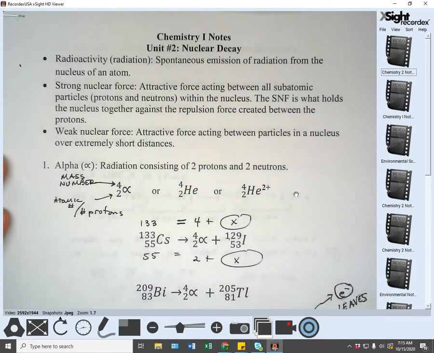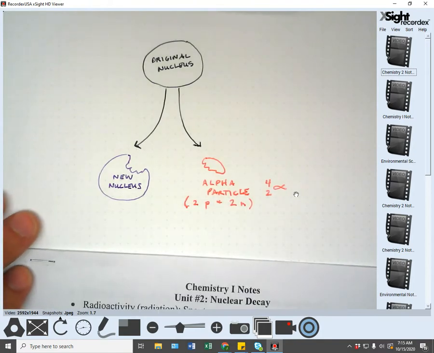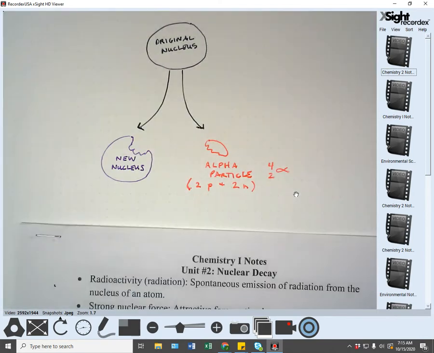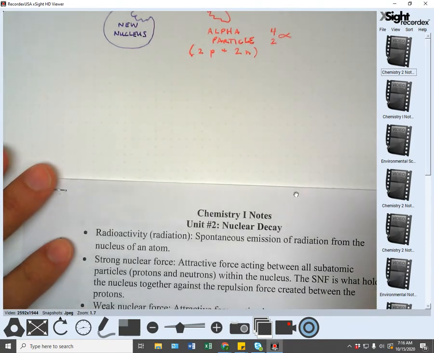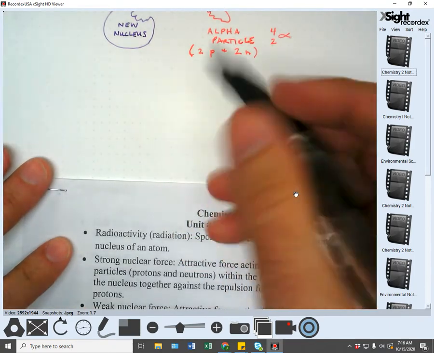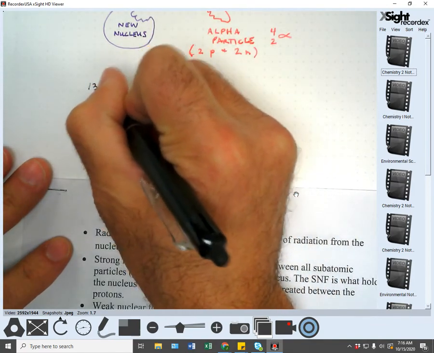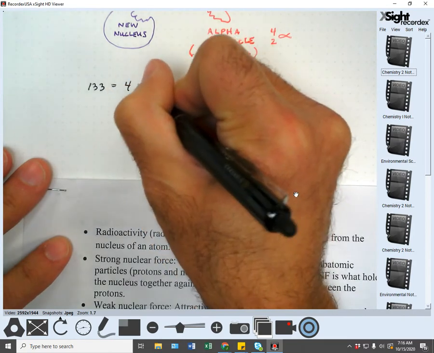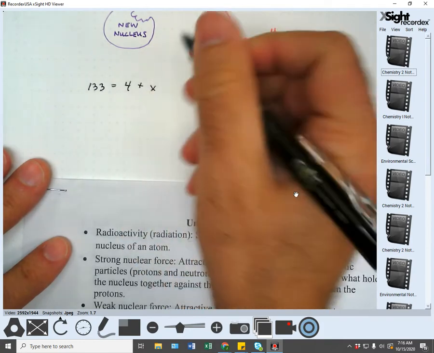Okay, you can do it like, if you're thinking of it mathematically, like if we had, let me move this out of the way real quick. You've got 133 equals 4 plus x. You'd be technically subtracting 4 from both sides, right?